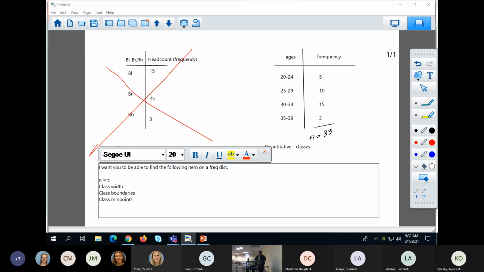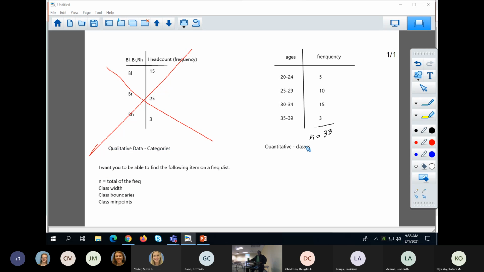N is equal to the total of the frequencies. Okay, class width. Well, before we get to class width, does anybody know what these are called beside classes? Does anybody know what the left-hand side is called?